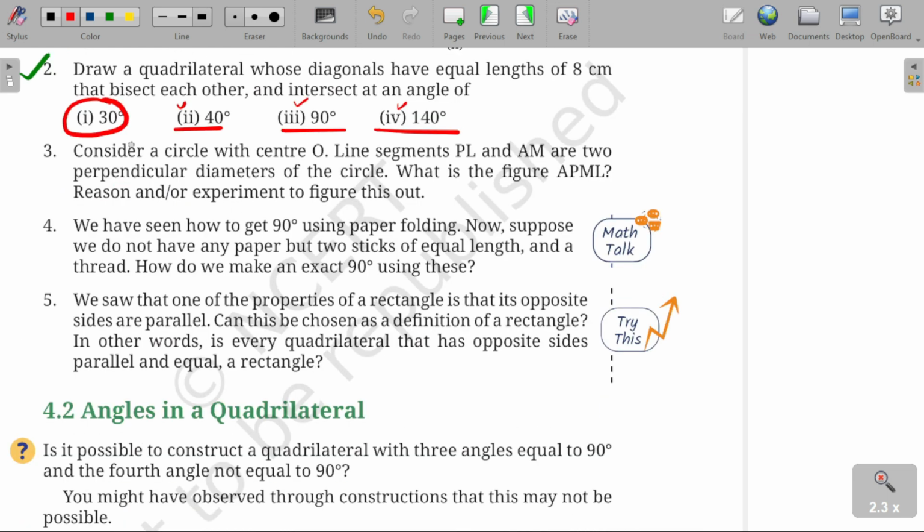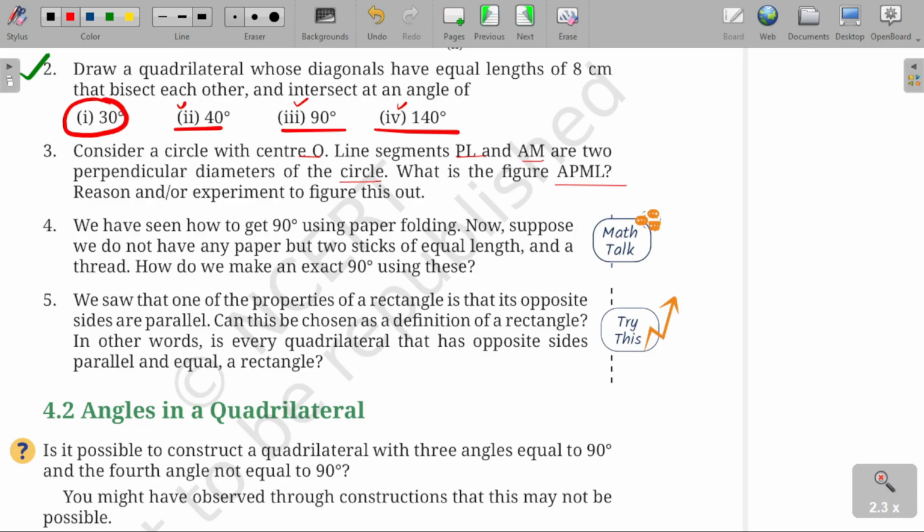Question number 3. Consider a circle with center O. Line segments PL and AM are two perpendicular diameters of the circle. What is the figure APML? Reason or experiment to figure this out. Okay.